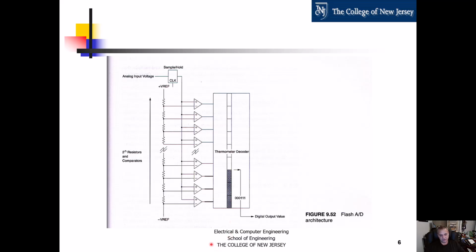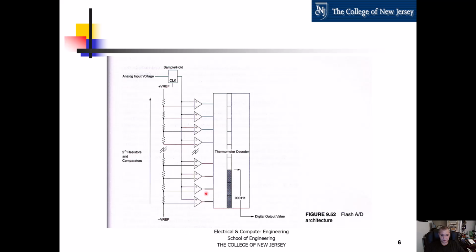Then it's very straightforward logic circuitry to convert that type of decoding to the actual digital value. We'll see that next, and we'll see the details of the circuits as well. But that's basically how it works in general.